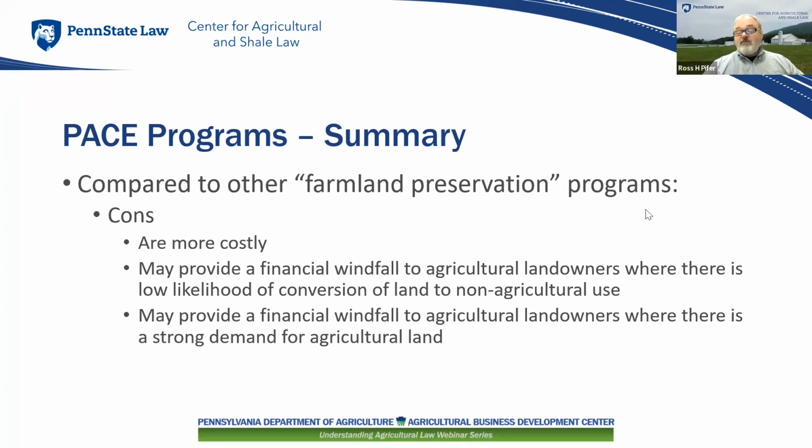Well, if you have a farmer who had no intention of developing their property, and we're paying them $3,000 an acre, there's a bit of a windfall there, where we're paying to preserve land that was going to be preserved or had a low likelihood of being developed.